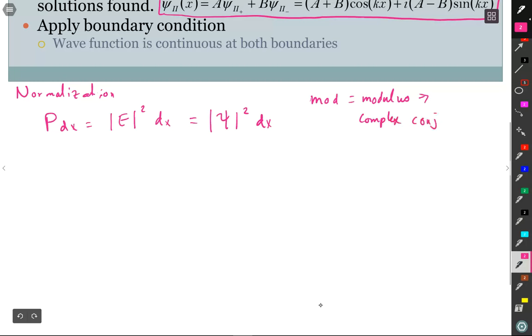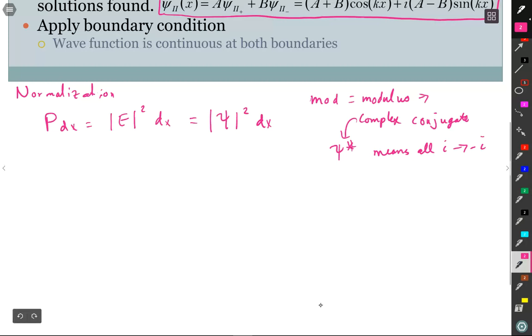Which involves the complex conjugate. You guys probably haven't done too much complex analysis. The complex conjugate, psi star, means all i's become minus i's. That's what complex conjugate means.